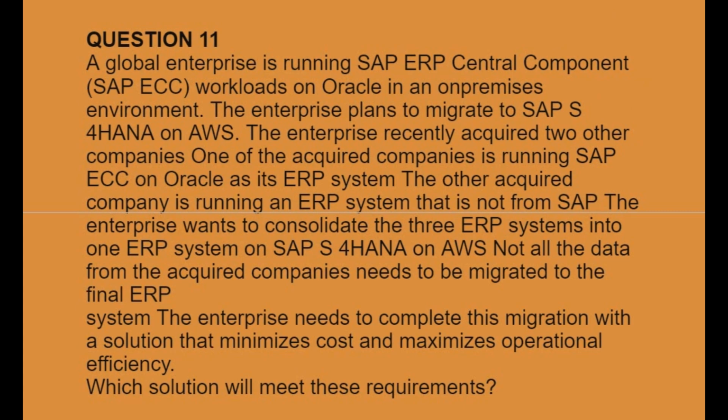One of the acquired companies is running SAP ECC on Oracle as its ERP system. The other acquired company is running an ERP system that is not from SAP. The enterprise wants to consolidate the three ERP systems into one ERP system on SAP S/4HANA on AWS.